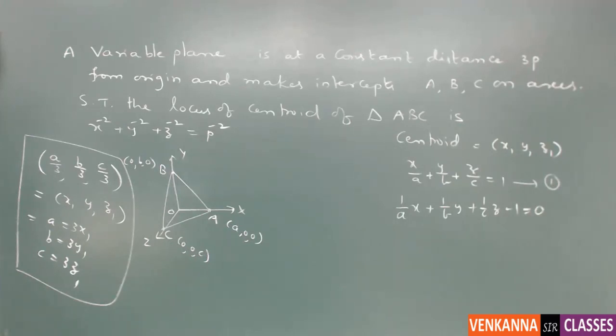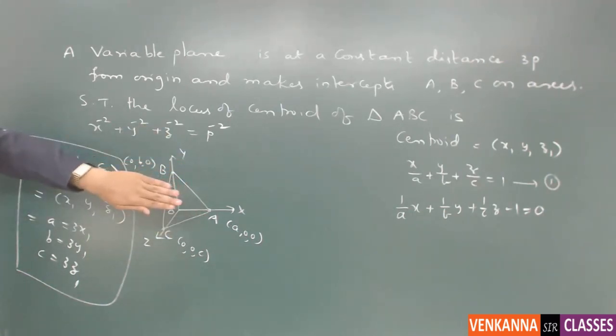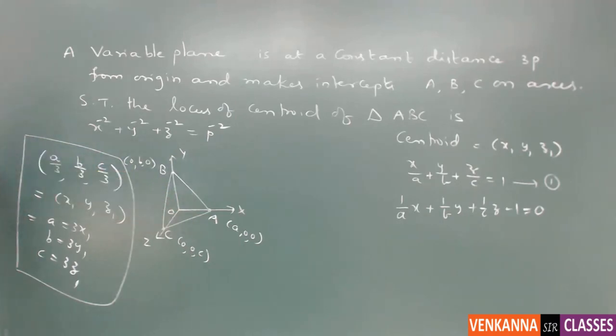There is one more thing given in the problem: the plane is at a distance 3p from the origin. So you know the plane equation and you know the origin point. If you apply the distance formula from a point to the plane, it is 3p. Clear?